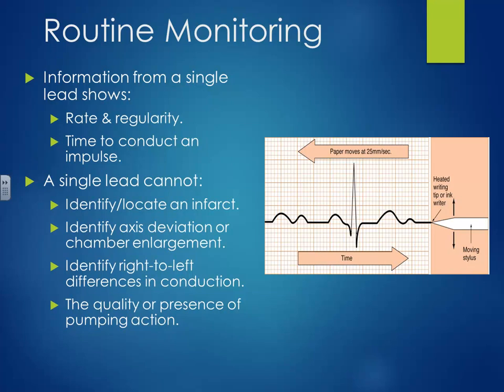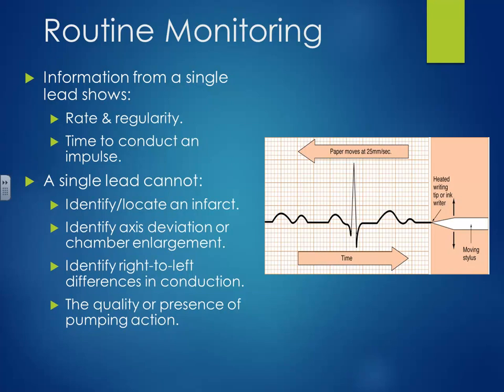So a single lead is basically what we look at when we run a strip. Usually we go through lead 2, and it's because of the way that the leads are set up. We know that a lead, when it reads, goes from a negative to a positive, right? So we have Einthoven's triangle with our leads 1, 2, and 3.